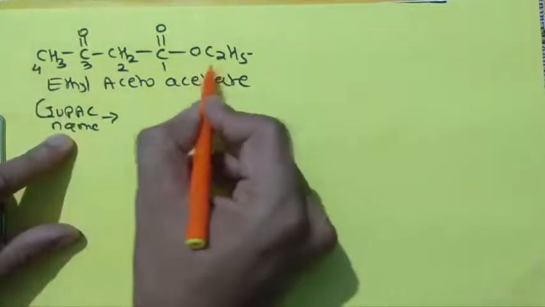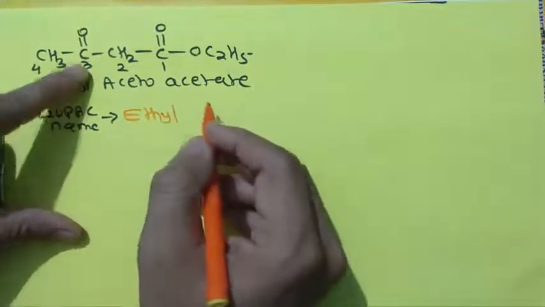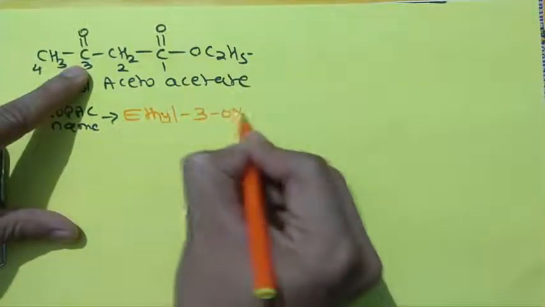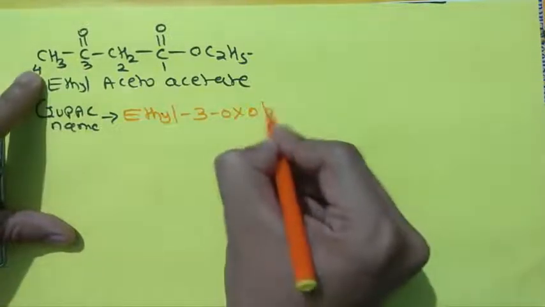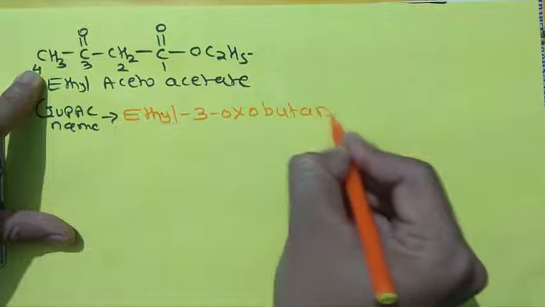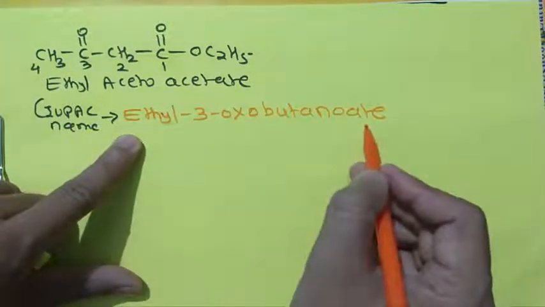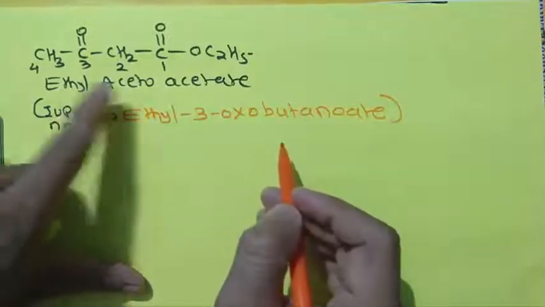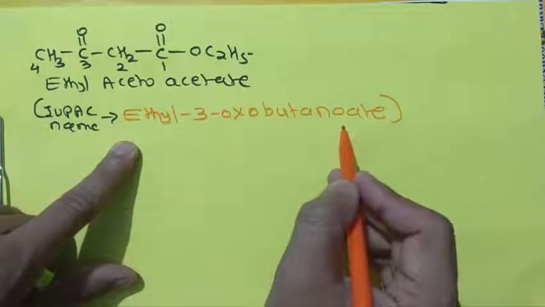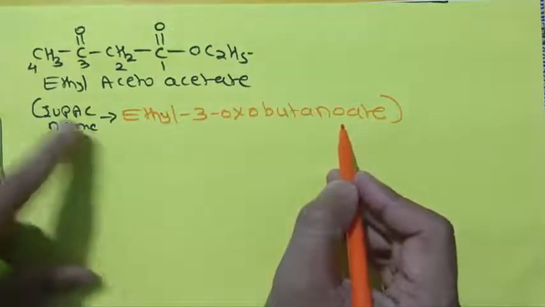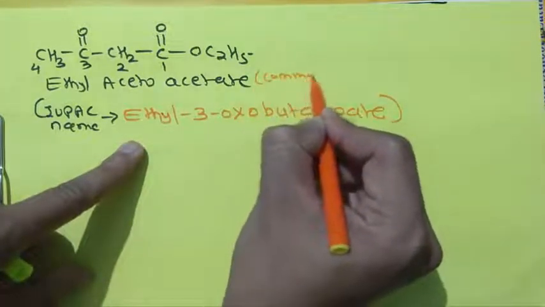This is ethyl, then at the 3 position, 3-oxo, and the remaining four-carbon chain is butanoate. The IUPAC name of ethyl acetoacetate is ethyl 3-oxobutanoate. Remember, because in the examination they can ask for the IUPAC name or the common name. Here is the common name.